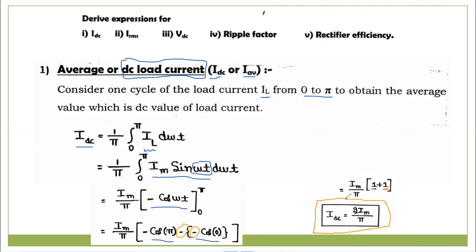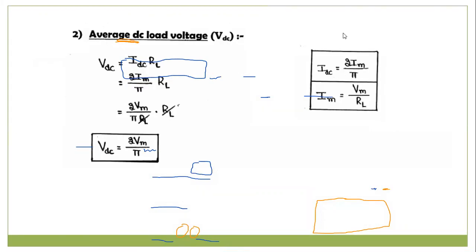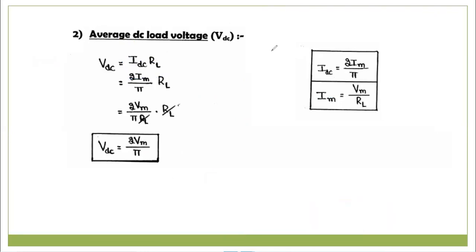This is the mathematical expression for the average or DC load current of a full wave center tap rectifier. So IDC is equal to 2 Im by pi. Next we'll proceed with calculating the next expression, that is IRMS. But before IRMS, we'll proceed with the DC parameter only.